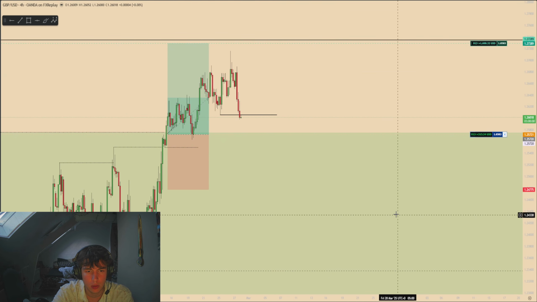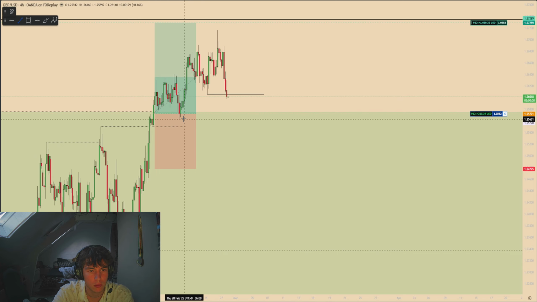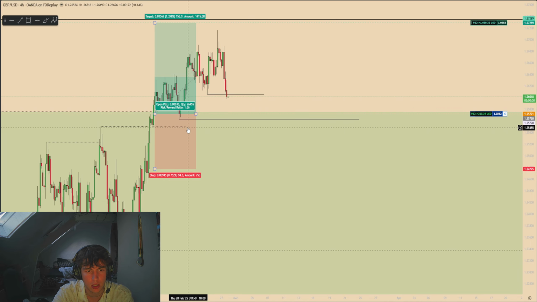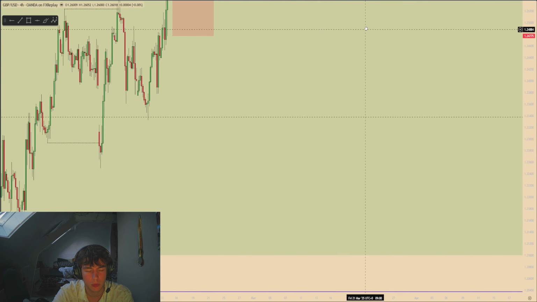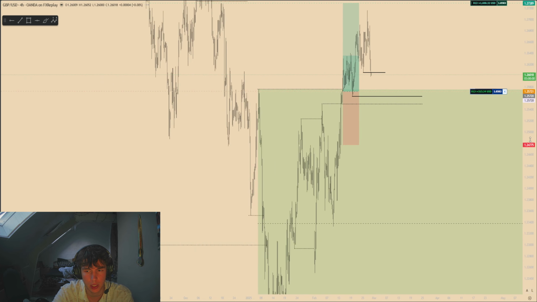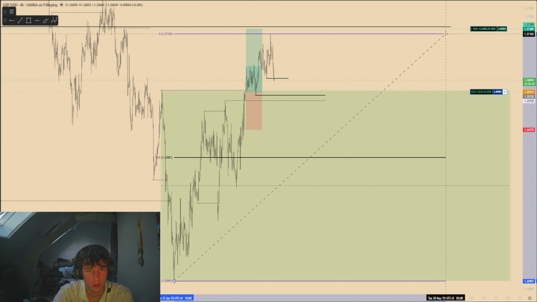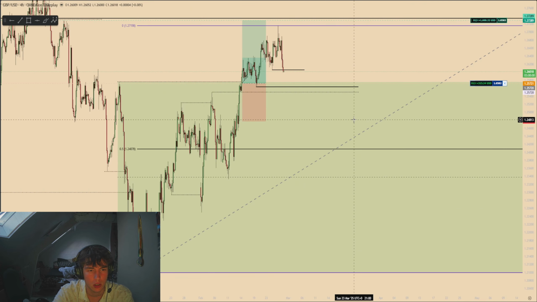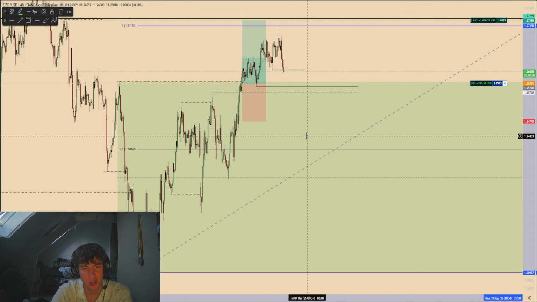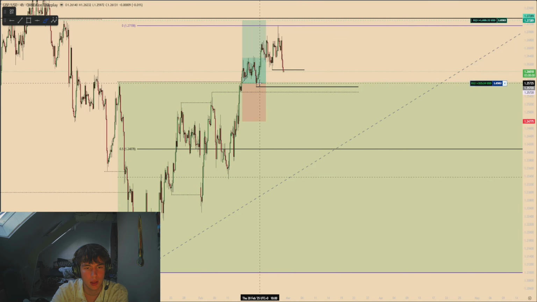What liquidity do we want to take? On the 4 hour, yeah, we have these two liquidity points, and then all the way down here. Let's look at the Fibonacci. We have lows down here, but there is still a major swing low over here.